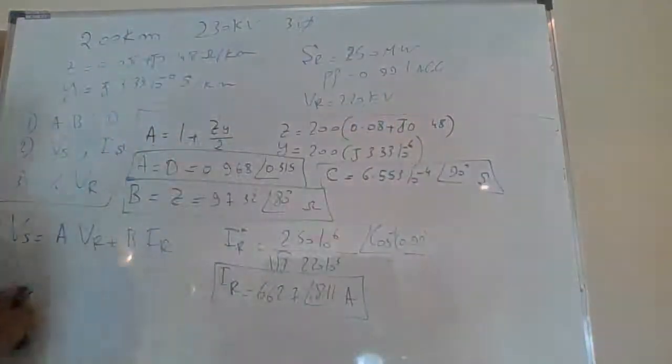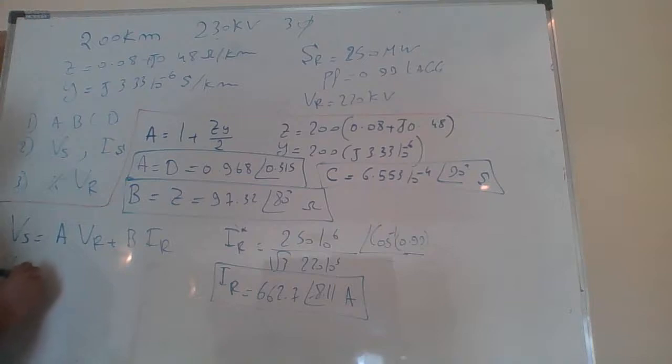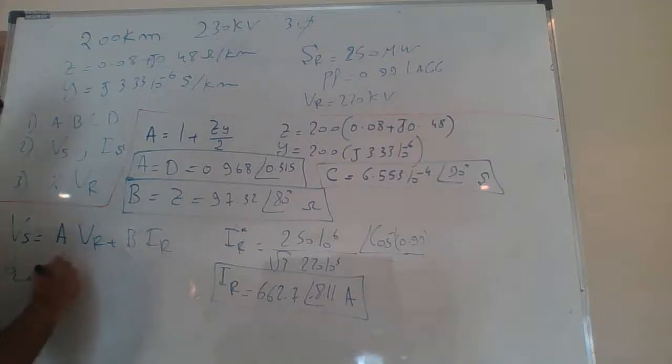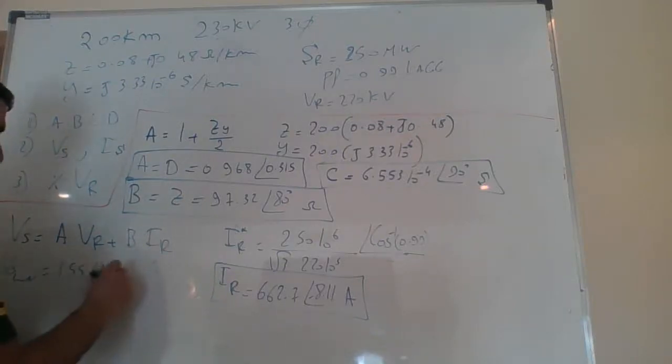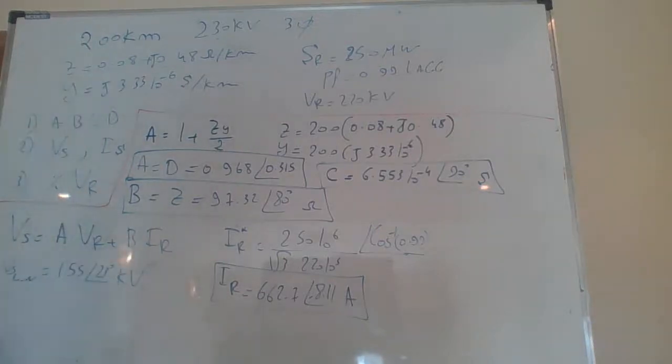So now I will end up with V sending line to neutral, and the answer for this one will be equal to 155 angle 23 degrees kilovolt. This is kilovolt, not a volt, be careful.